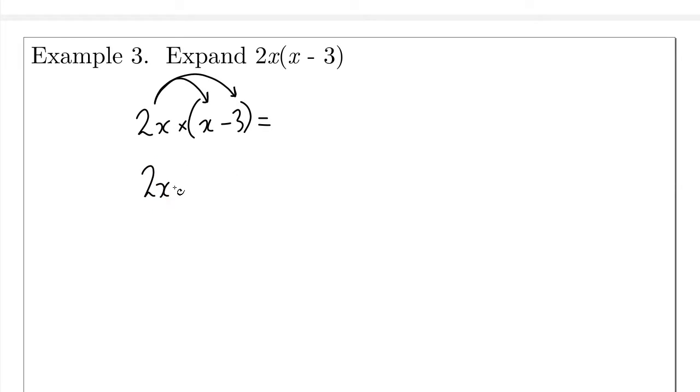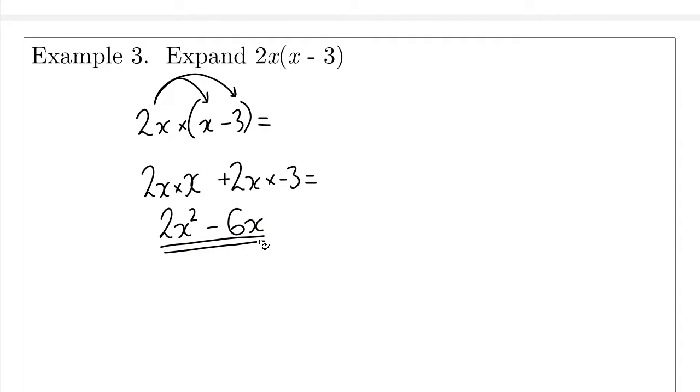So 2x times x and 2x times minus 3. Now to simplify, 2x multiplied by x is 2x squared. 2x multiplied by minus 3 is minus 6x. So the answer is 2x squared minus 6x.